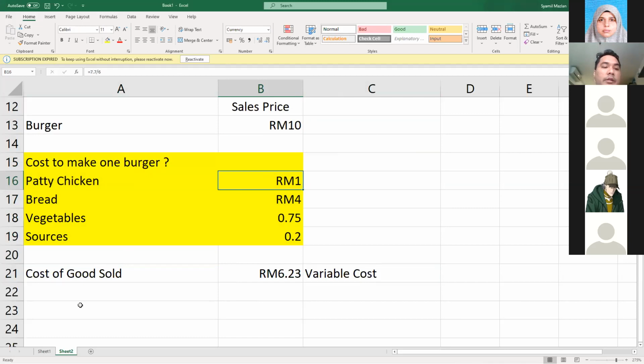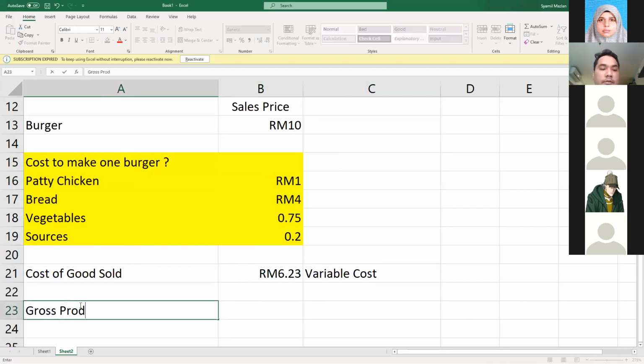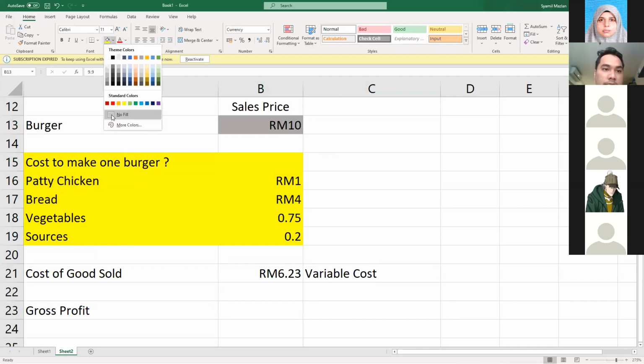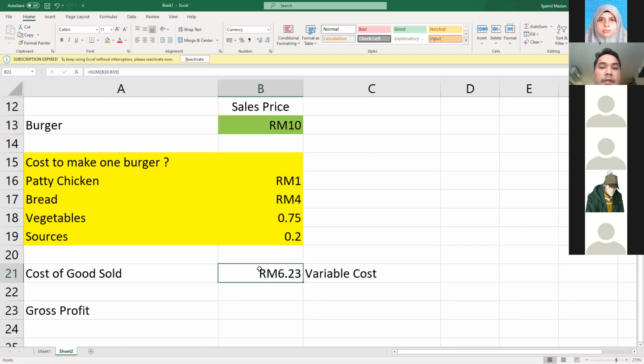So what is the gross profit? Gross profit is the sale price, the 10 ringgit, minus 6.23.